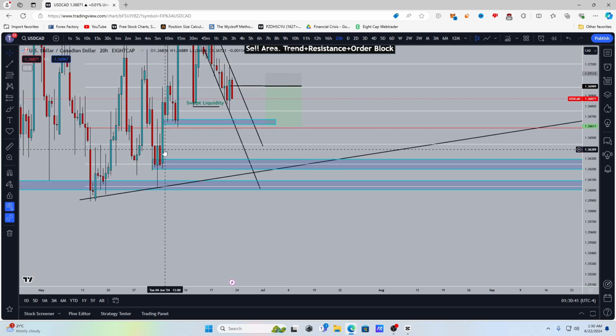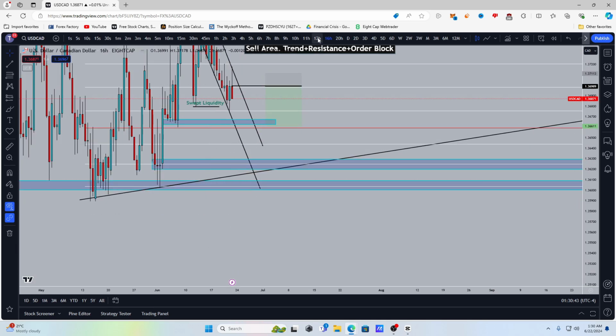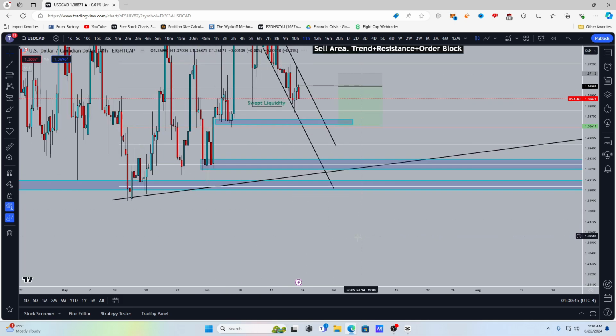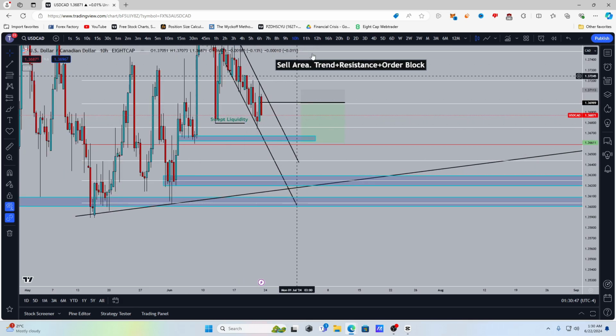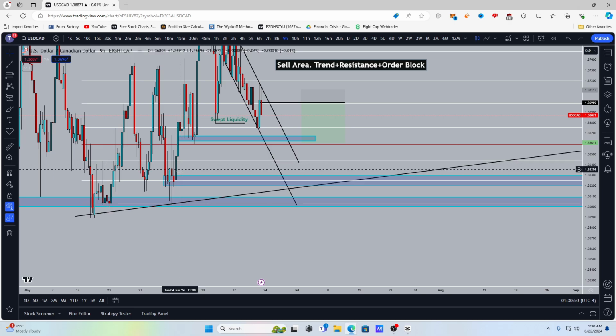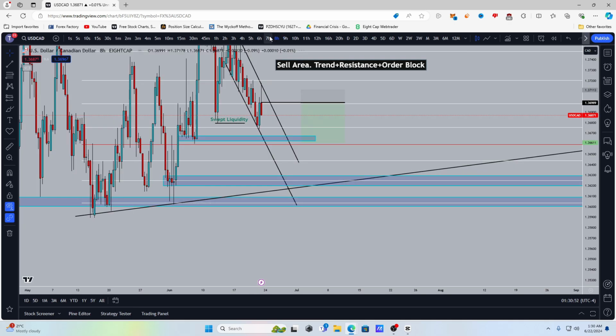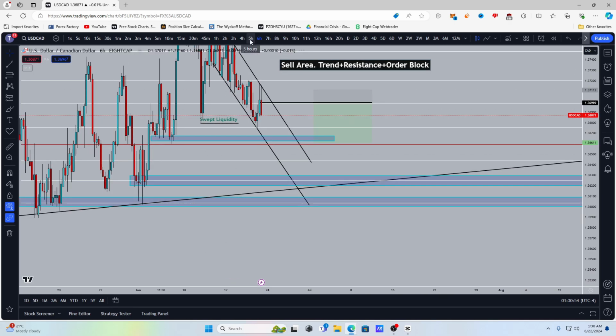We have an order block here on the 20-hour, 12, 11, 10, right? The thing is, 8. This is just an area where I'm looking to be buying.